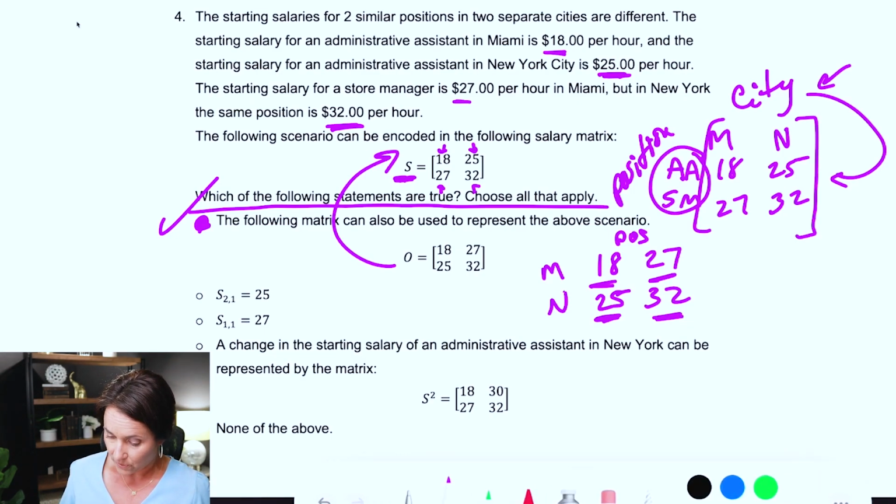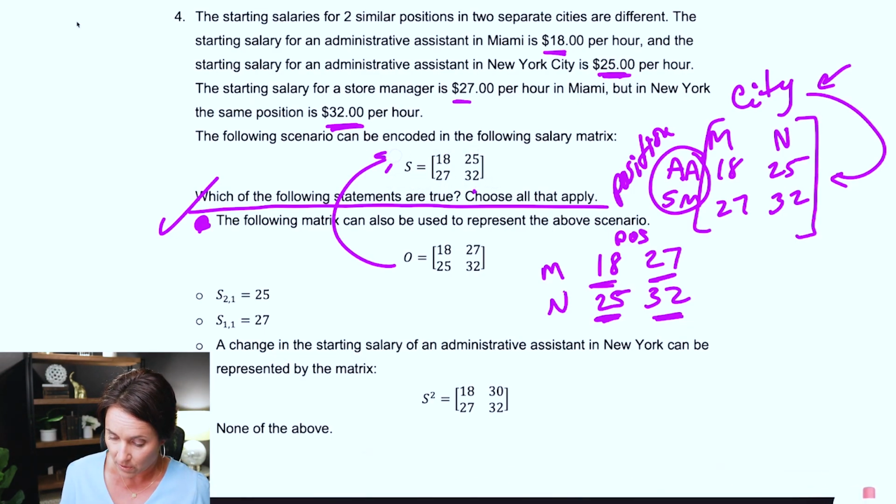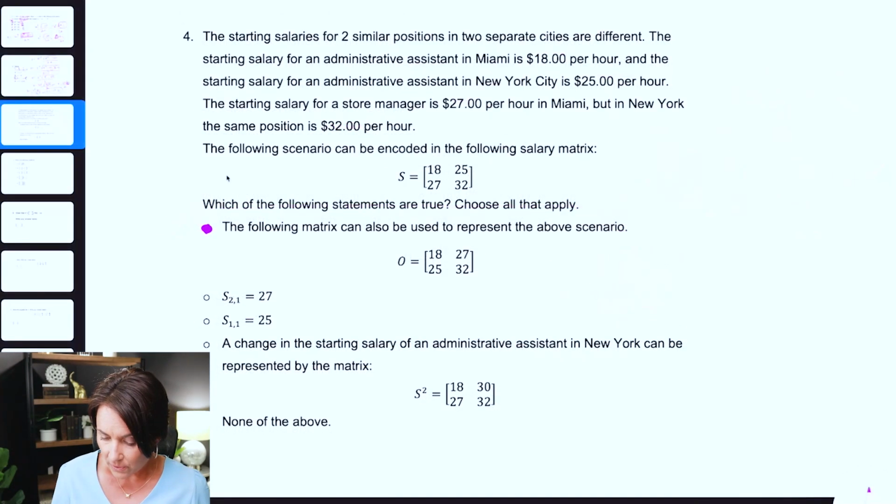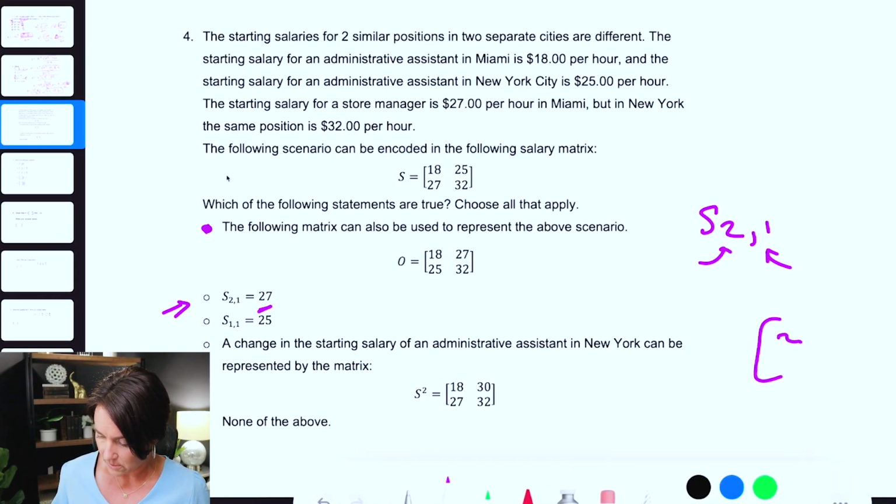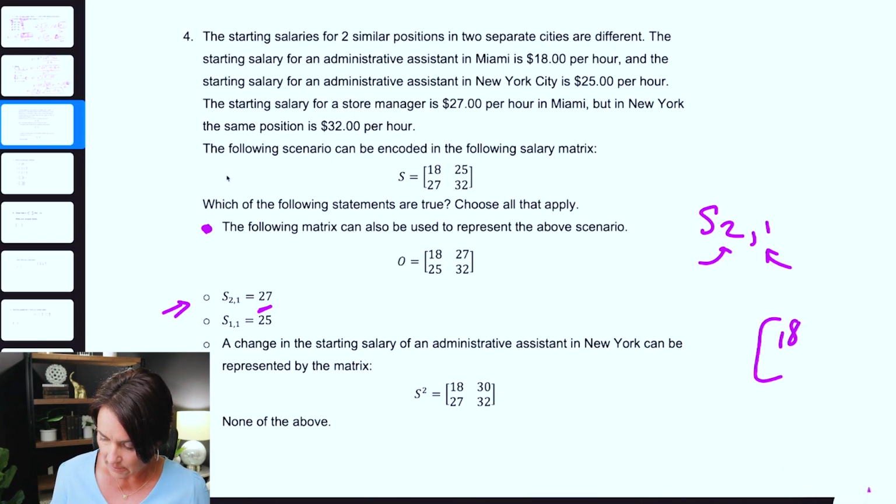Let me erase a few things here because we're getting a little bit crazy with all of my stuff. All right, so let's go to this bullet here. S2,1, they're saying equals 27. When we talk about the subscripts here, we're talking about row 2, column 1. So let me draw this out really quickly: 18, 27.